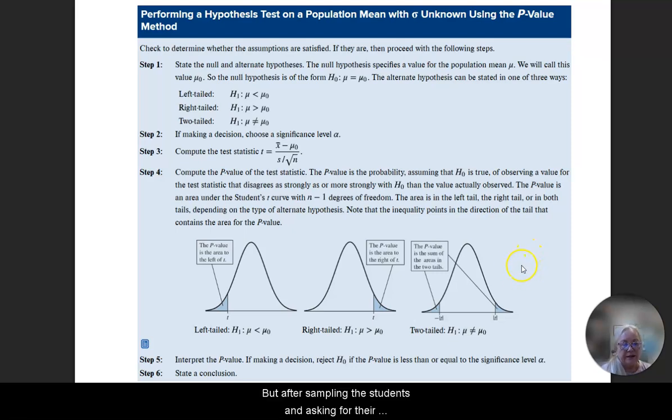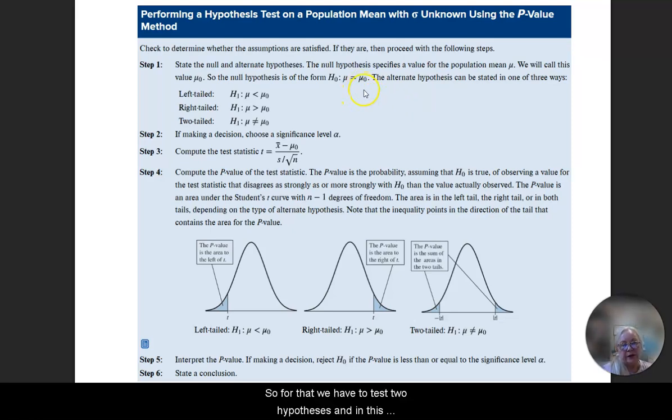But after sampling the students and asking for their age and then averaging, we calculated that the sample mean is 20.2 years. So should we go with a new value for mu naught, or should we believe that the average age of the university students is still 18 years?